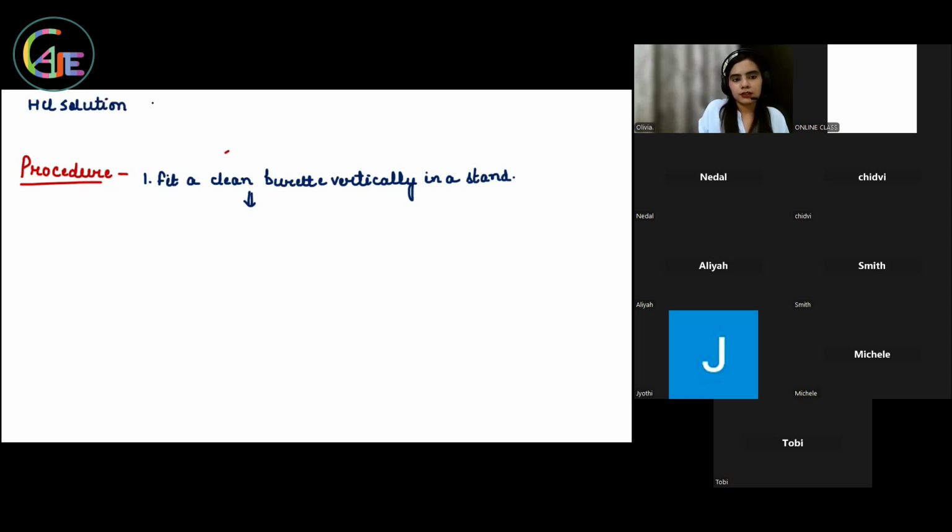The other is your sodium hydroxide solution, a basic solution. So what you need to do is measure 10 cm³ of NaOH and fill it into the flask.